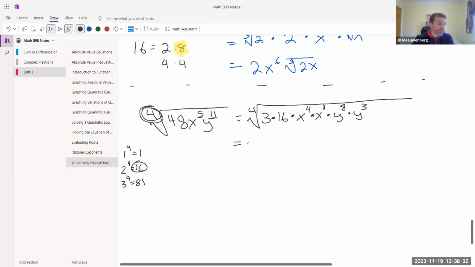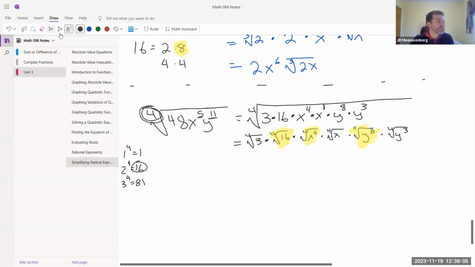So if we break it up into individual roots, the 4th root of 3 times the 4th root of 16 times the 4th root of x to the 4th times the 4th root of x times the 4th root of y to the 8th times the 4th root of y to the 3rd. We will take the 4th roots of 16, x to the 4th, and y to the 8th.